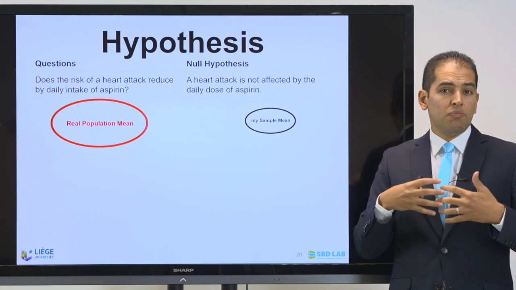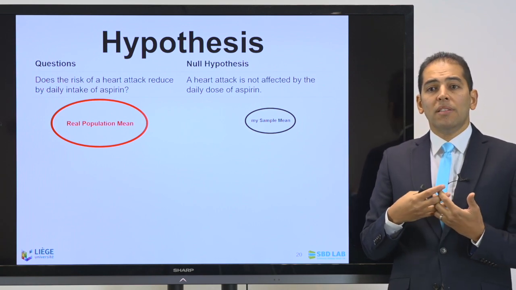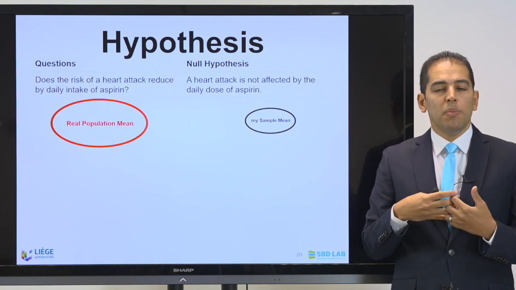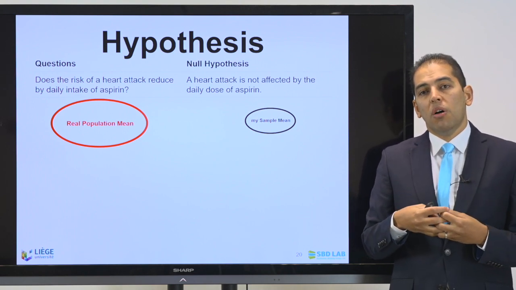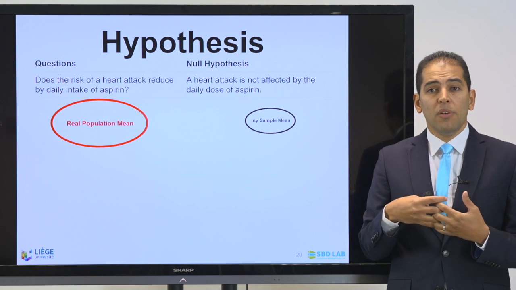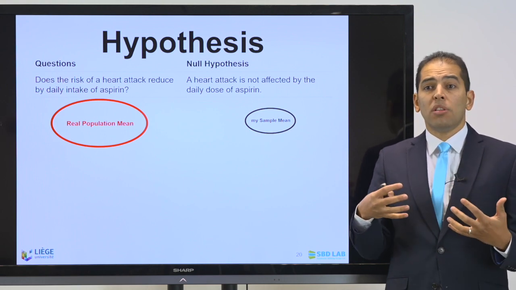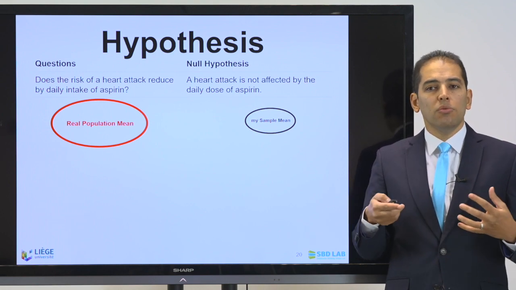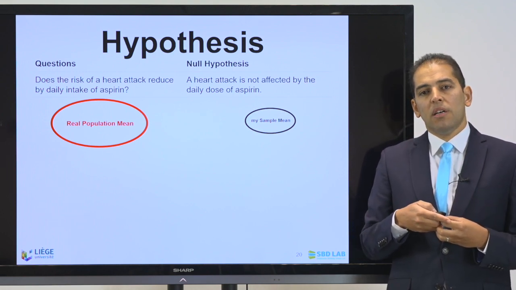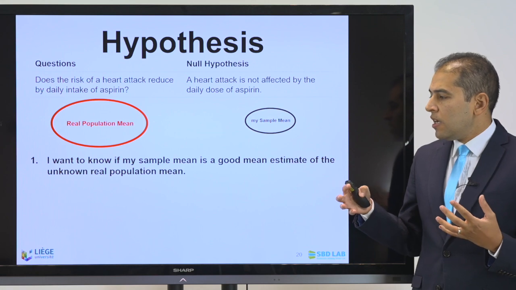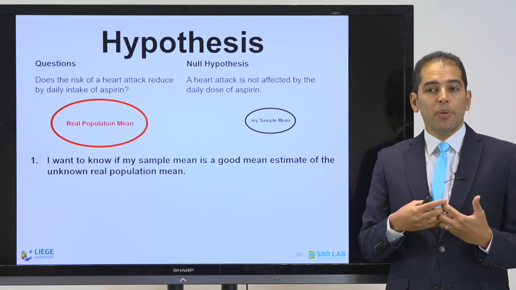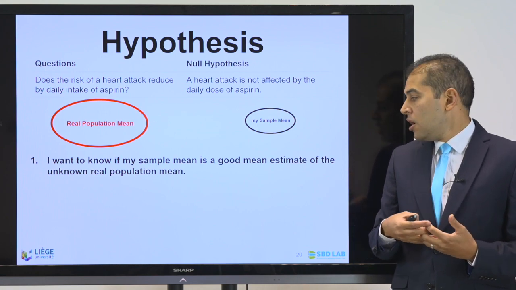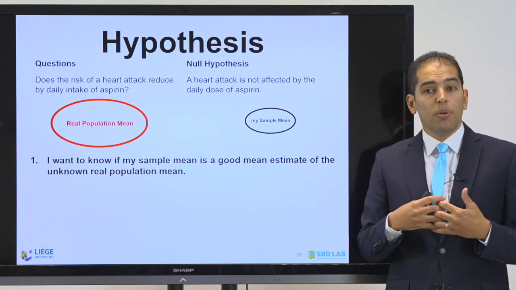Can we reduce it? This is on the large population. And we have a small sample of people that we started to observe, and we are asking ourselves: heart attack is not affected by the daily dose of aspirin. So how do we check this hypothesis? First thing, I want to know if my sample mean is a good estimate of the unknown real population mean.